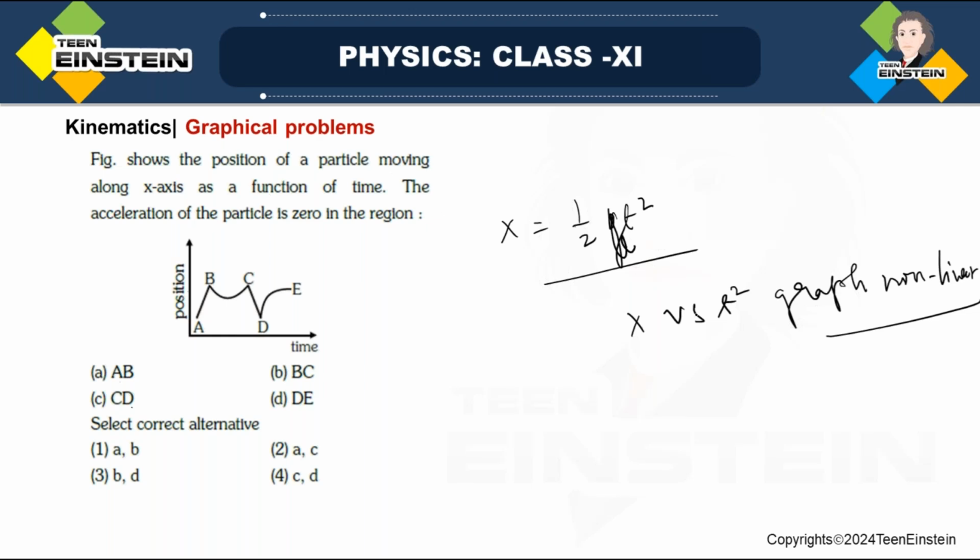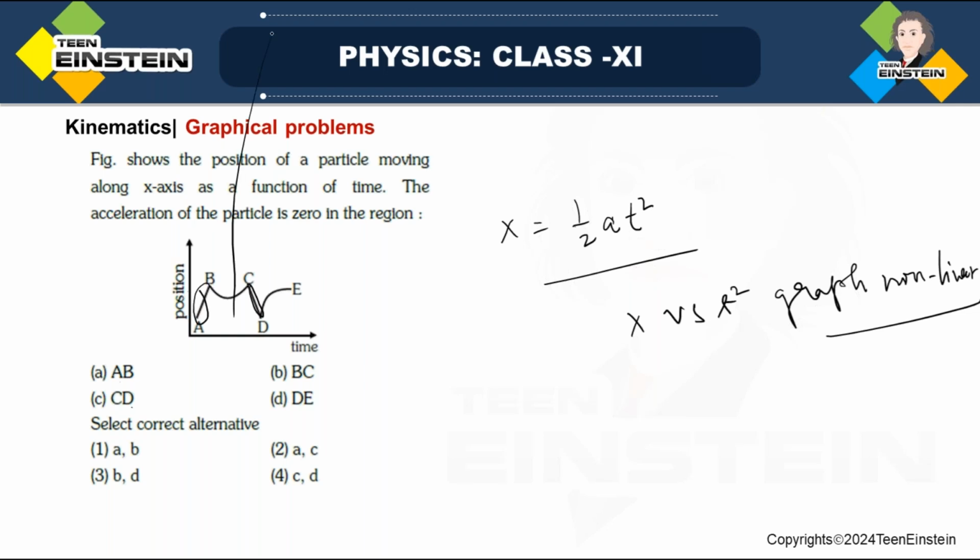So let us take this as a, so there is a constant acceleration. Here you can see, at this position there is uniform acceleration with velocity increasing, and this is where velocity is decreasing.